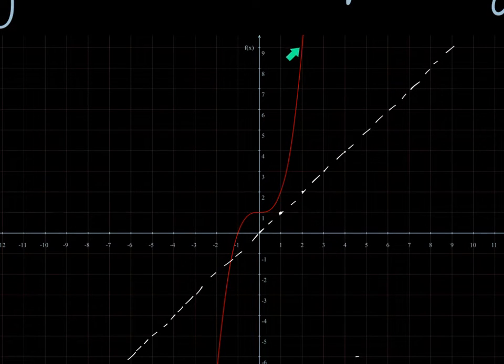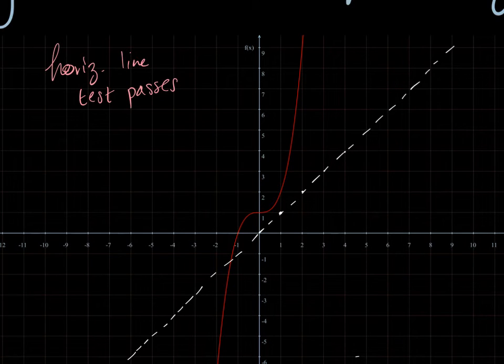So if I start here, if I put a horizontal line here, it passes through once, once. So we do have an inverse. Horizontal line test passes. Okay, so there's no failure there.